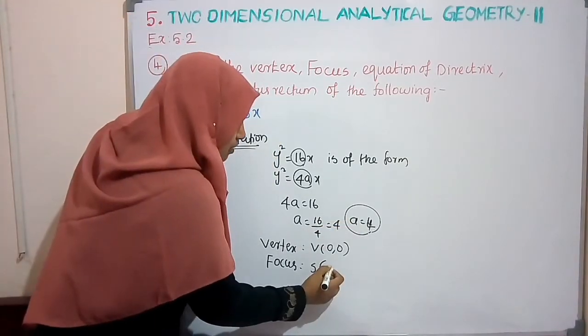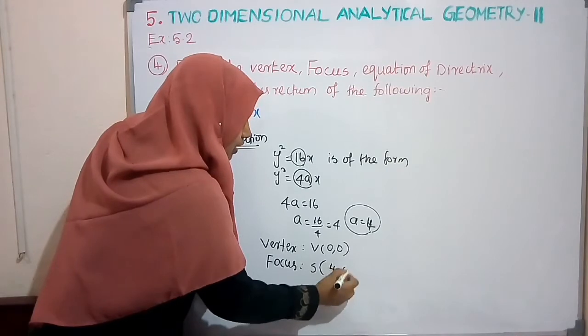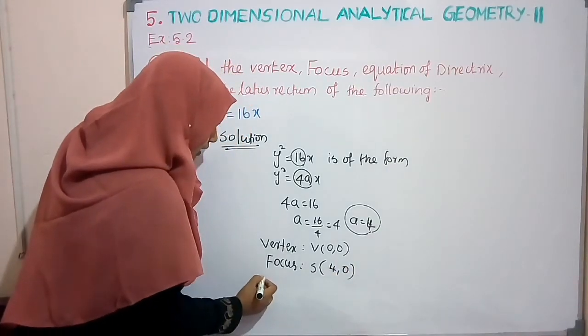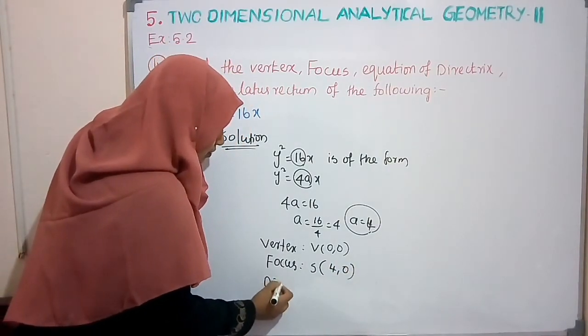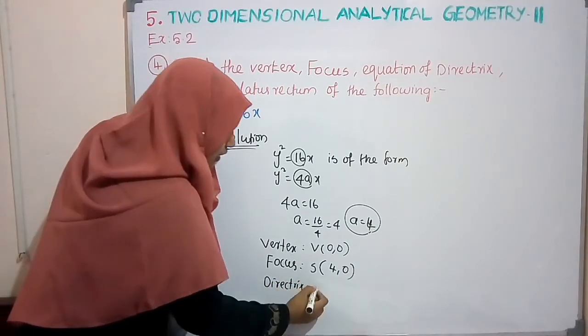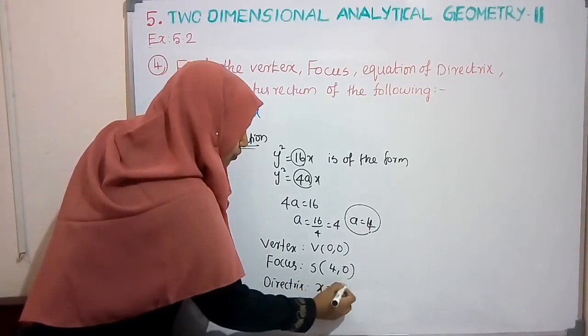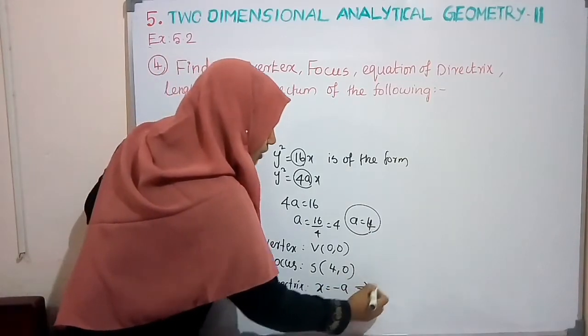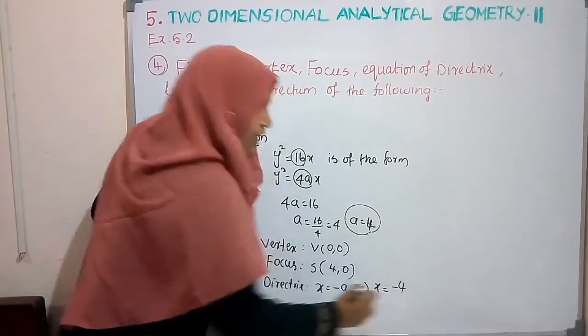So a comma 0 means it is 4 comma 0. And then directrix, equation of directrix, it is x is equal to minus a. So it becomes x is equal to minus 4.